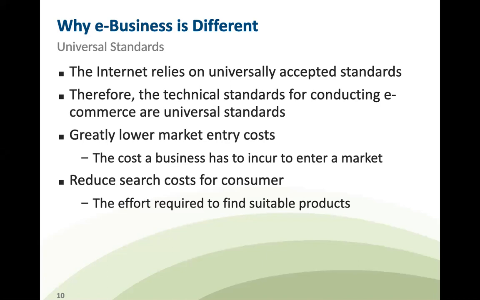Reduced search cost for consumers, the effort required to find suitable products. If you are going to physically visit stores and check for products, it's going to incur a higher cost, because you have to search in every place and compare, right? For example, if you are going to purchase a mobile phone, you have to visit all these popular places and track their prices, and only then can you compare, right?